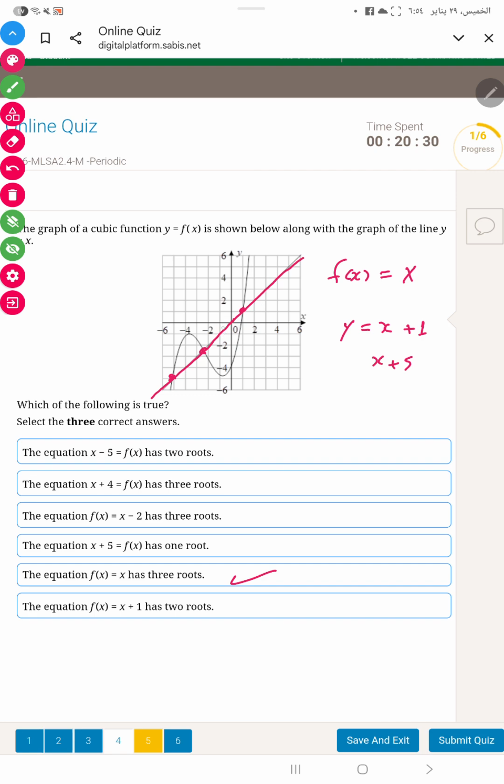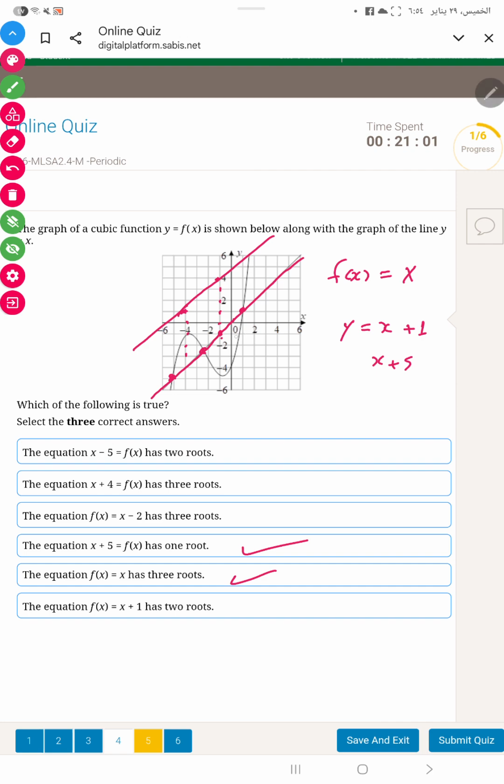So this point here, if you go 5 units up, 1, 2, 3, 4, 5, becomes here. If you graph it like this, you notice that it cuts it only once. This means if it goes 5 units up, it will have only one solution, meets it one time. So this option must be a correct option.